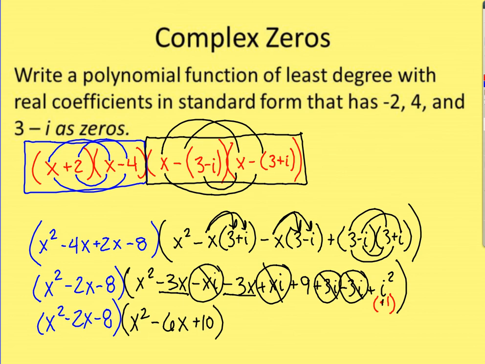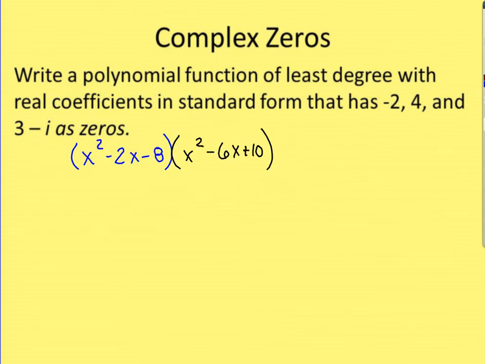Now we're going to have to distribute these two. So we're going to take the x squared from the blue set of parentheses, and we're going to distribute it here, here, and here. So x squared times x squared gives us x to the 4th. x squared times negative 6x is negative 6x cubed. x squared times 10 is plus 10x squared.